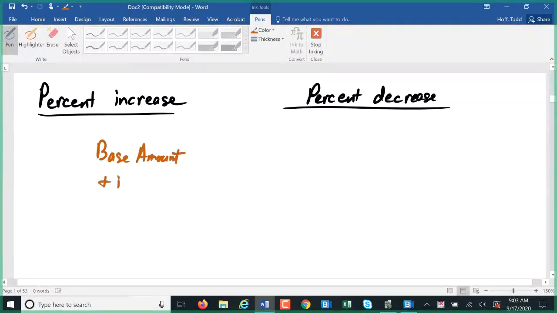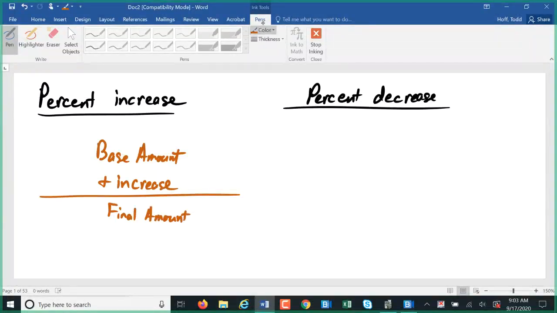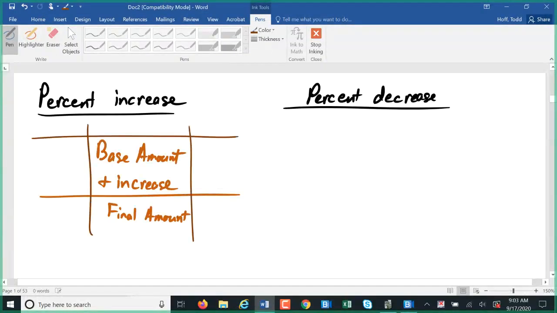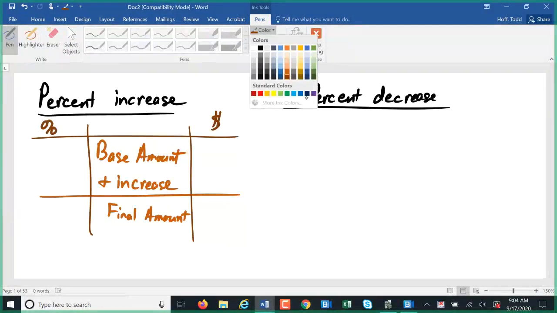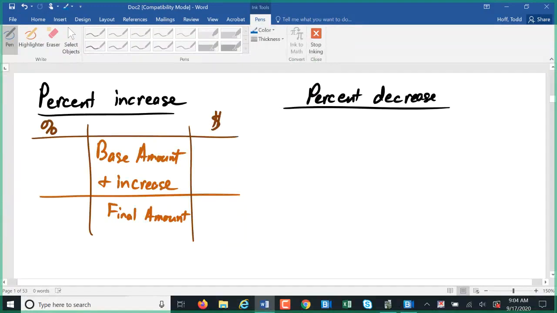We're going to add an increase to it to get a final amount of some sort. And in a percent problem like this, each item is described by 2 numbers. One of those numbers is a percent. Then the other one is an amount of some other form, whether it's a count or, in this case, dollars. And the hidden number in here is always that 100%. The base amount is always 100%.